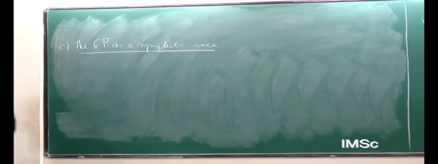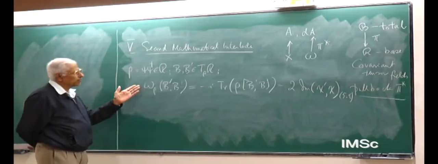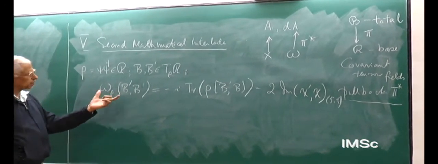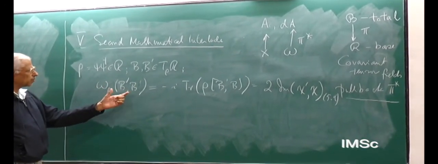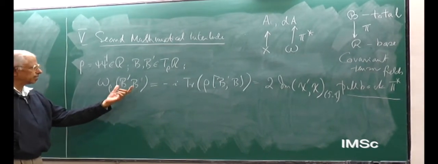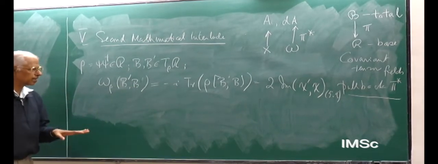So let me explain what the word symplectic means. This 2 form, which I have defined in this equation, is a 2 form on the ray space. It has all the properties of being defined on pairs of tangent vectors, linear in B prime, antisymmetric. All those properties are there.